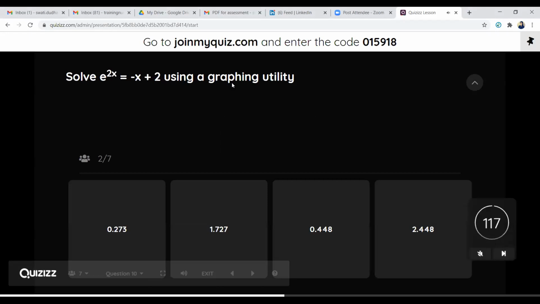Solve using a graphing utility. So graph both the expressions and find the intersection point.